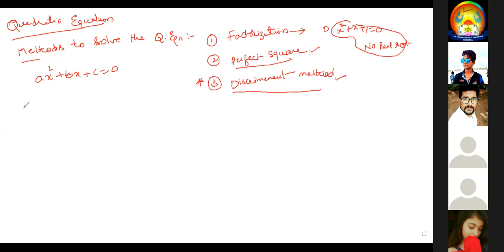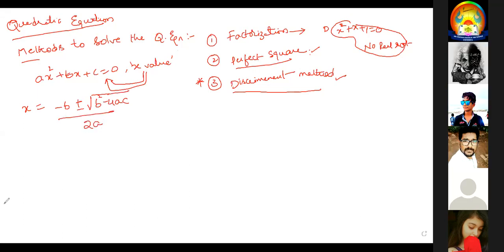What we are calculating are the x values which satisfy this quadratic equation. The formula is x equal to minus b plus or minus root over b square minus 4ac, by 2a. Some of you know this formula.